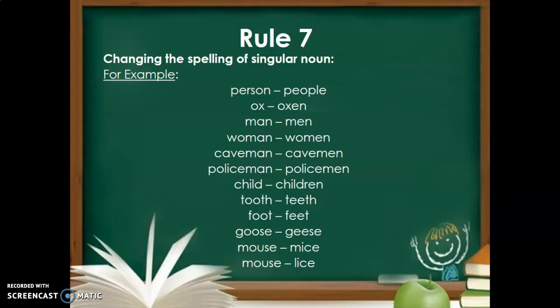So there are some particular nouns that have a special form when we want to make them plural. That's what we call special nouns. So these are special nouns that when we want to change them into plural nouns, we need to change their spelling. Such as person, the plural form will be people. For ox, oxen.